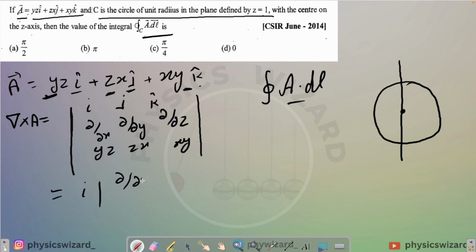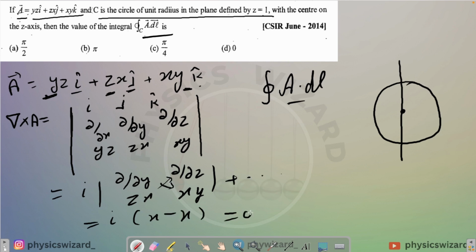Del by del y of zx, minus del by del z of xy. When we go for this, we will get x, and for this, we will get x. So this is 0, and this is the same for all three terms. So we get del cross a equals 0.